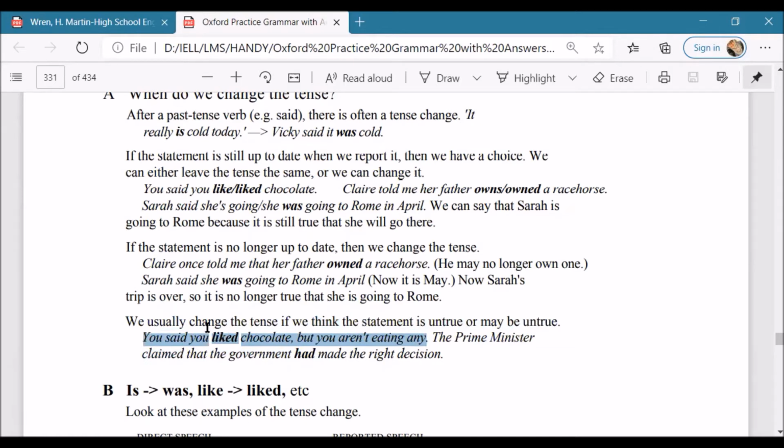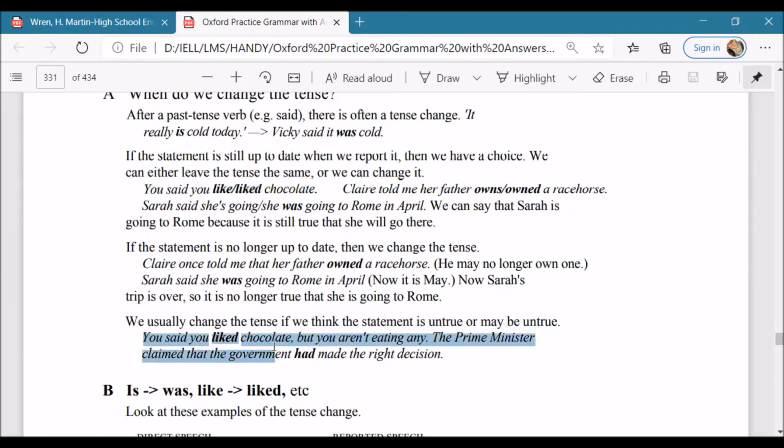So here you would say liked, because like is a certain word that would remain true in a general sense. Because if I like something yesterday, I would like it today. If you like someone or something, it is more probable that you like it always. So that would be valid.